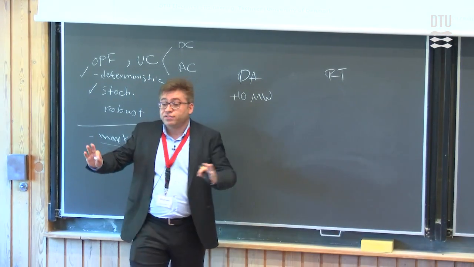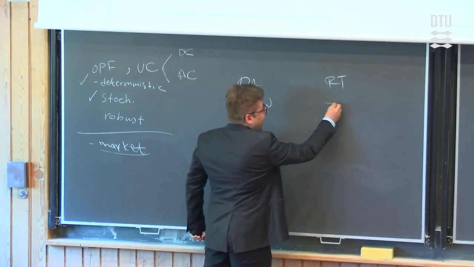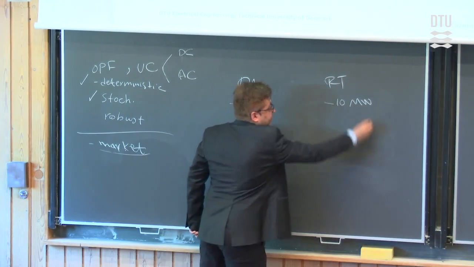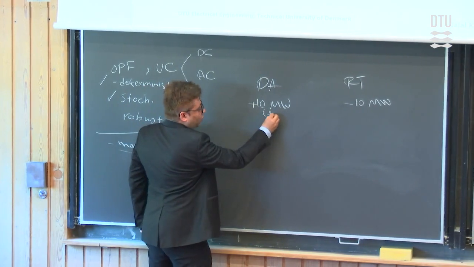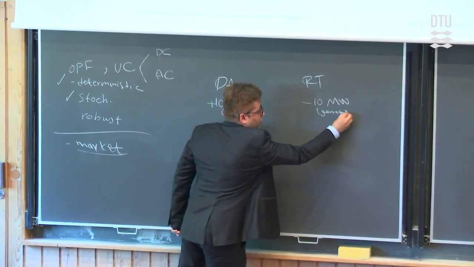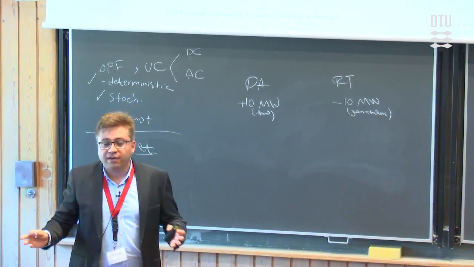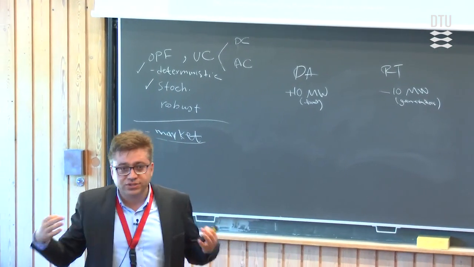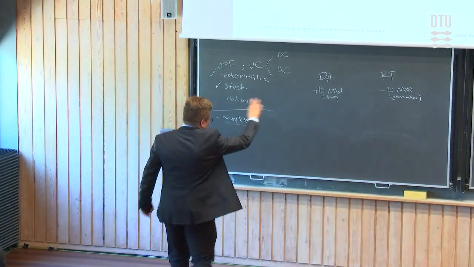But since you have no physical asset, you have to sell back the 10 megawatt in the real-time market. Let's say this is the load, and this is the generator. Can you sell 9 megawatt? No. You have no physical asset. You have no storage, nothing, right?